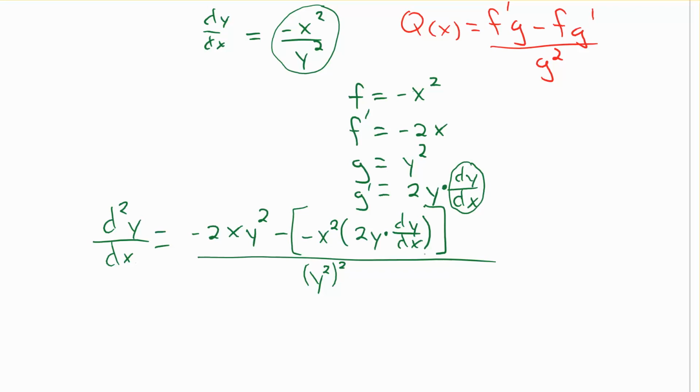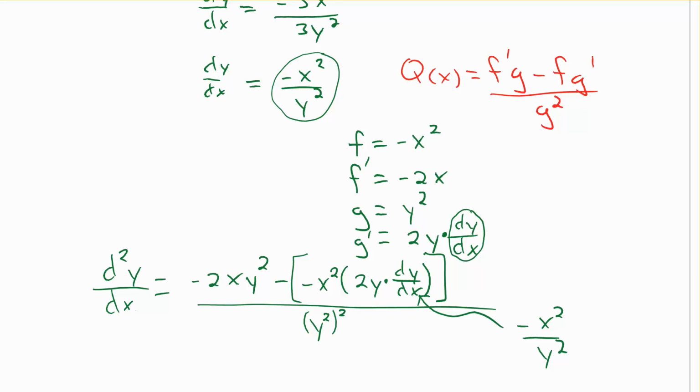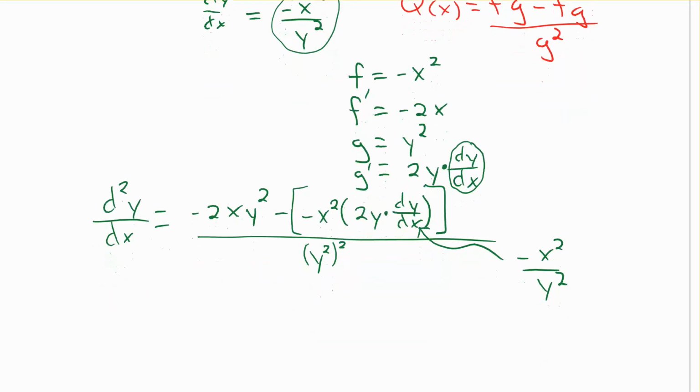Now remember, I already said that I know what dy dx is. So when I write this in next time, I'm going to write it as negative x squared over y squared, because that's what we found up here. I'm going to replace dy dx with this term.